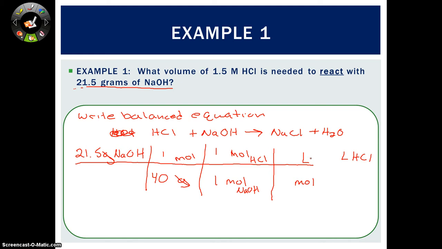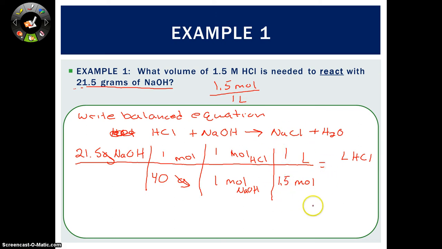That only applies to gases. This is a liquid. This is a solution. So I come here. I have 1.5 moles per 1 liter.